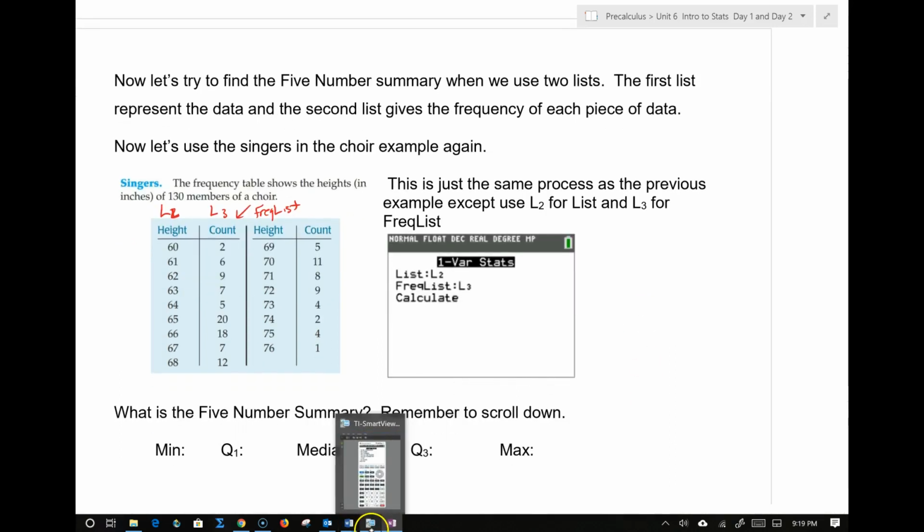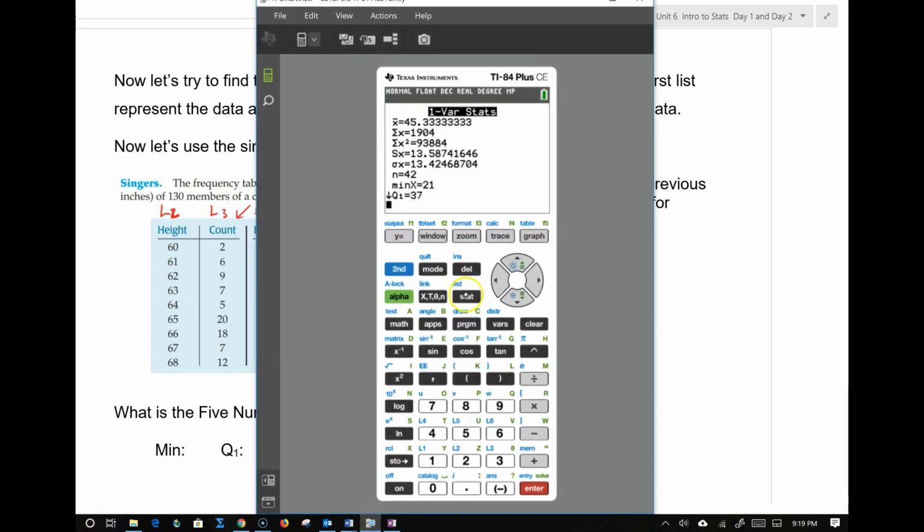So I go to my calculator, and you're going to go stat, calculate, go to number 1, hit enter, and then you put in your 2 lists. This time I want list 2 because that's the list of my data. That tells me what's my actual measurement. So that would be second list 2. So we go second number 2. You see how it goes in red.